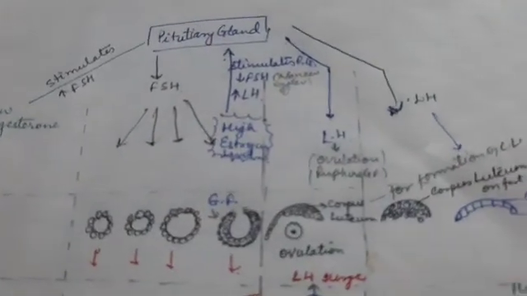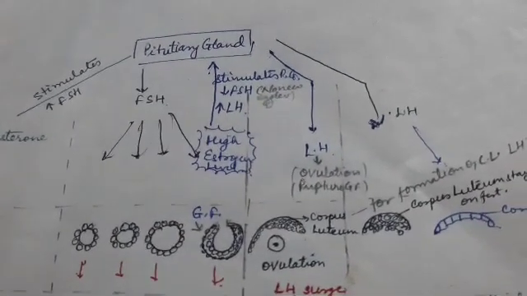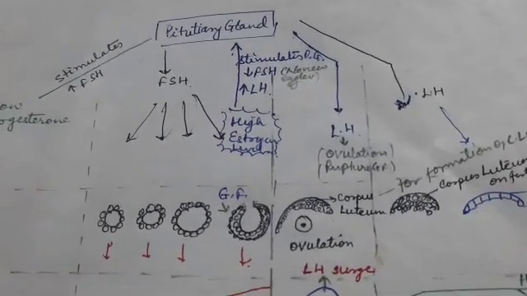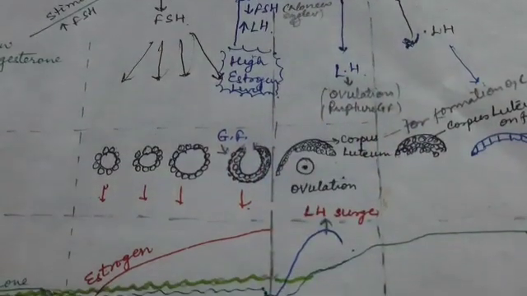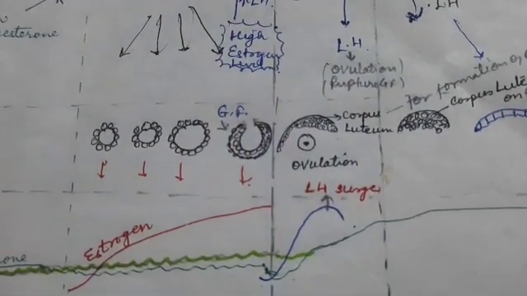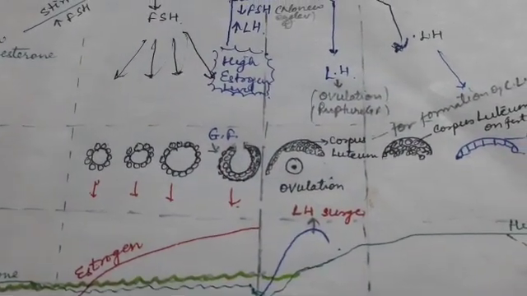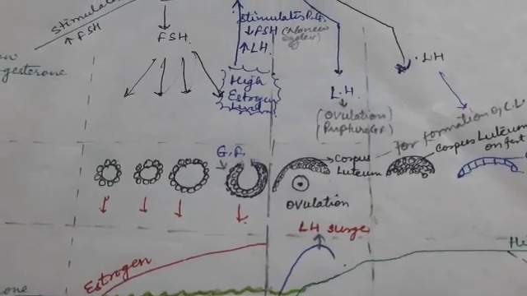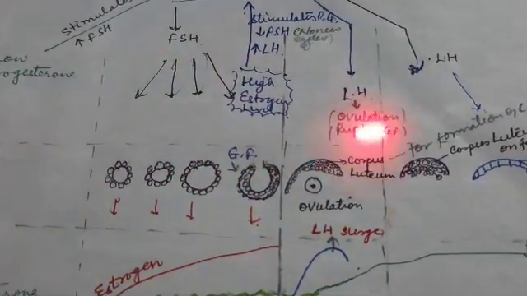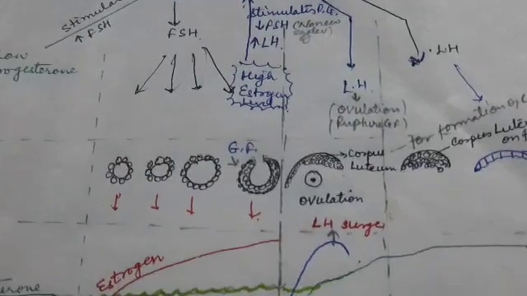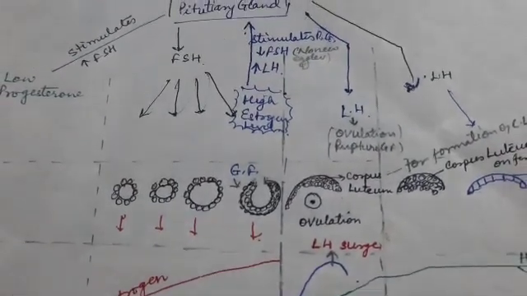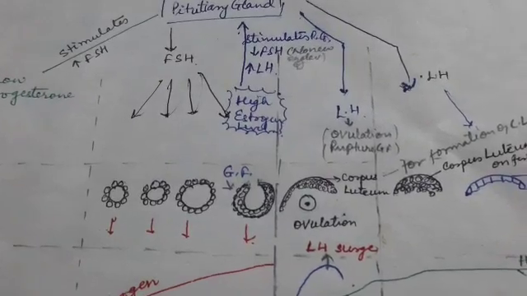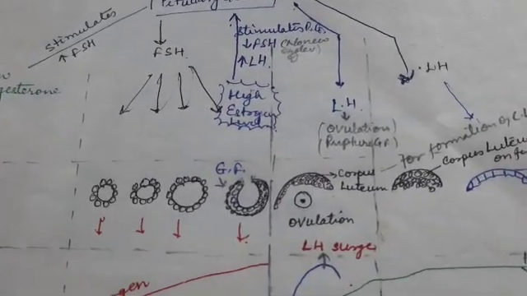Now FSH secretion should go down because one secondary oocyte has developed, which is going to develop into an egg. Now no new development is going to take place because the female body is designed in such a manner that it can perfectly hold only one embryo. So no new follicle should be formed, no new egg should be formed.